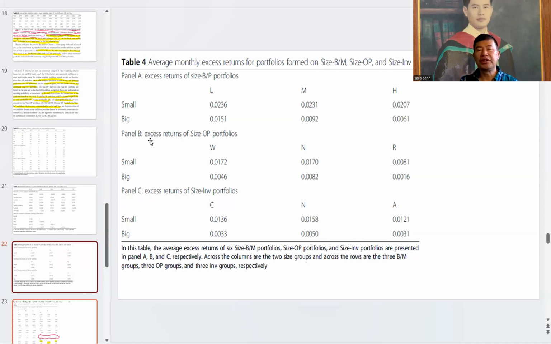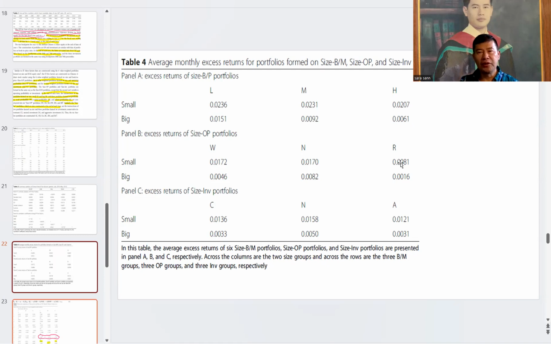Panel B, excess return to return on equity. So let's see, size to weak return on equity, the excess return 1.7 or 2%. For the neutral, 2%. For the high return on equity, 0.8%.